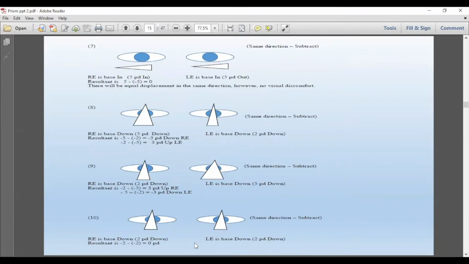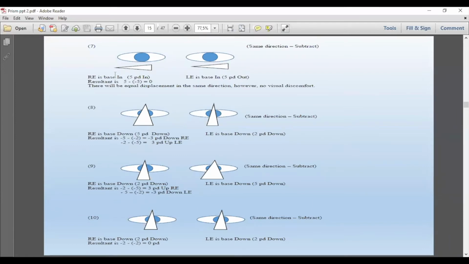Now, the same thing over here, what we are looking at is, for the right eye, we've got 5 prism in. In other words, the prism is to the right, so it's going to be a positive value. In this case, this prism here is also to the right, so it's also a positive value.